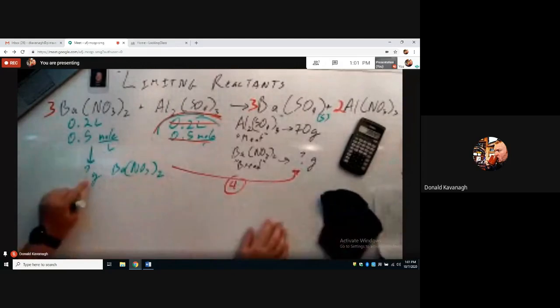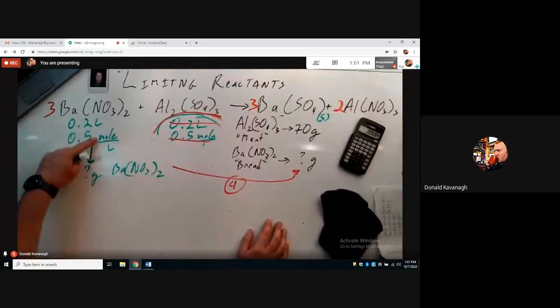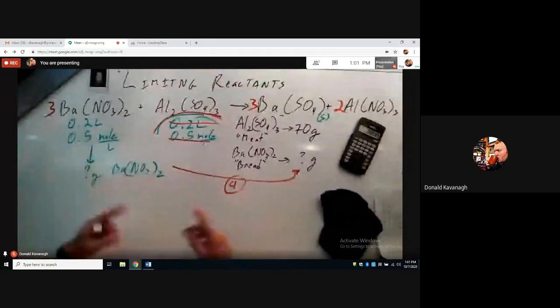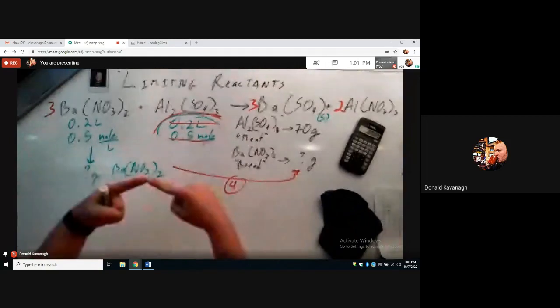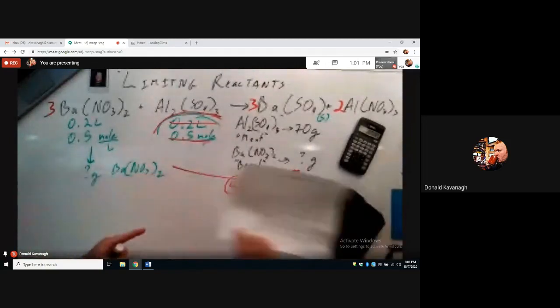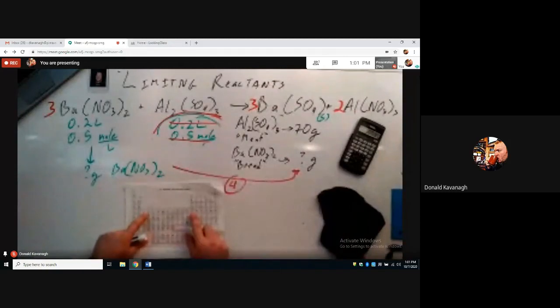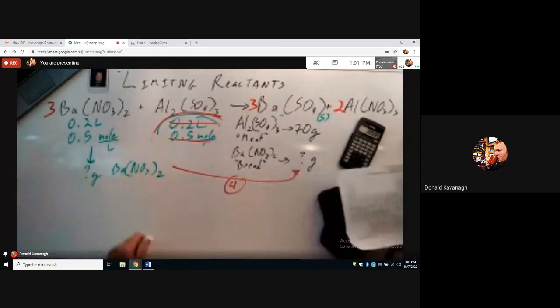To get this question mark in grams, I want to get grams of barium nitrate, and I have something about moles of barium nitrate. That connection of grams to moles, or grams per mole, occurs when we add up from the periodic table: 1 barium, 2 nitrogens, 6 oxygens. That number is 261 grams per mole.